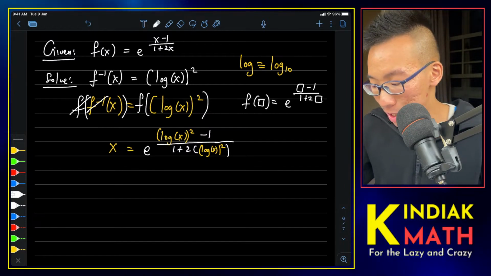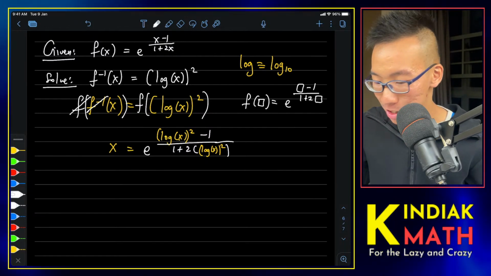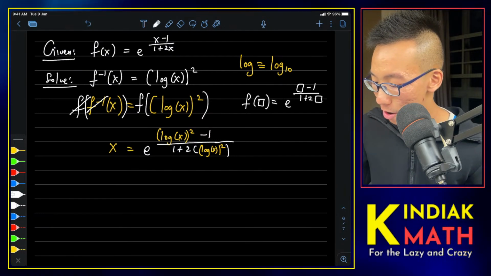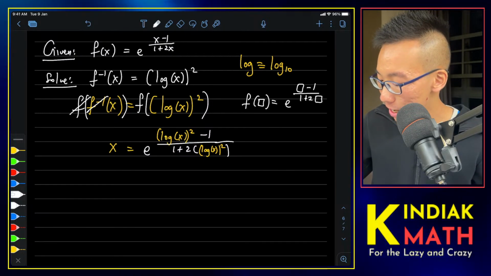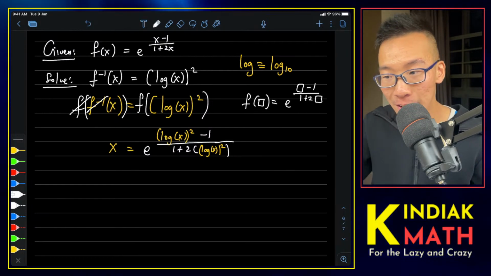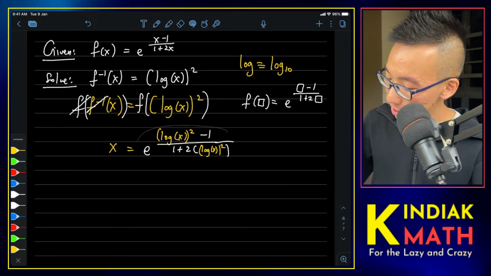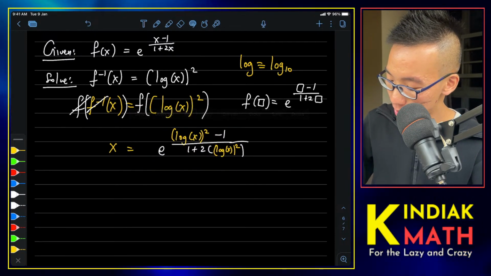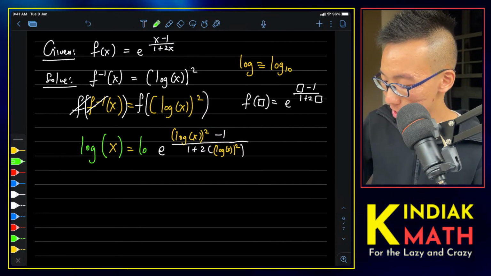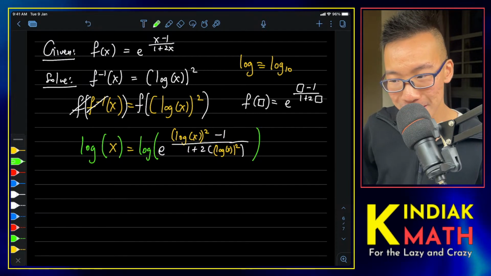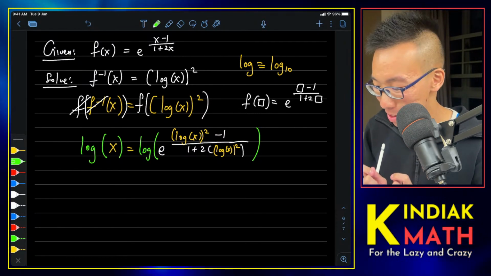So what that means is we have a very complicated equation to solve. I do not like the looks of this, but I do have an idea on how to go about this. The idea here is to take the logarithm on both sides, which looks a bit strange, but trust me, it's going to work out.